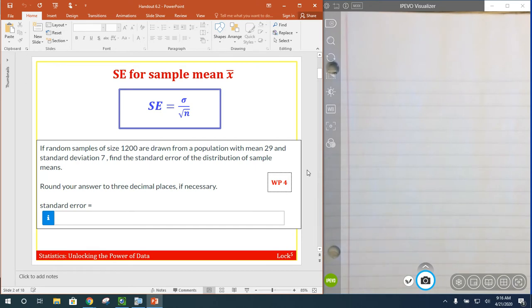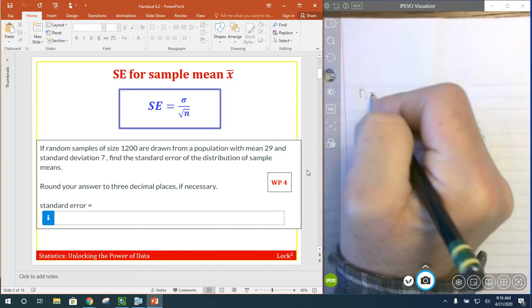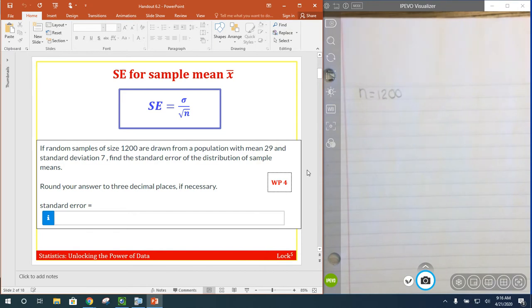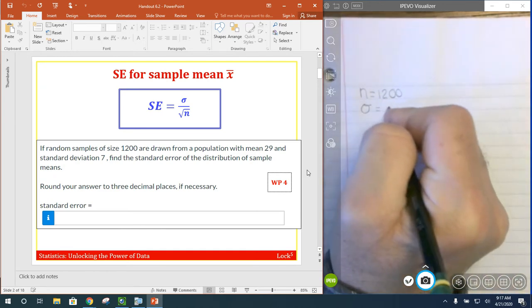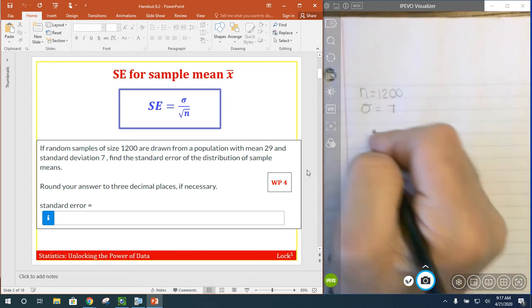It says, if a random sample size of 1,200, so right away we know that we have a sample size of 1,200, are drawn from a population with a mean 29 and a standard deviation of 7, so my sigma is 7. Find the standard error. So we want the standard error.